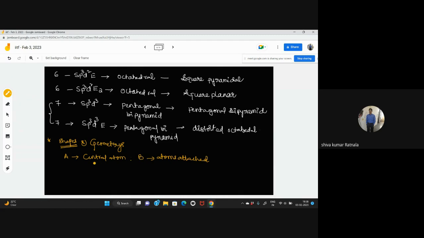First one, what is the structure? This is trigonal planar, right? Next, if I'm writing like this, this is known as bent shape or V shape.